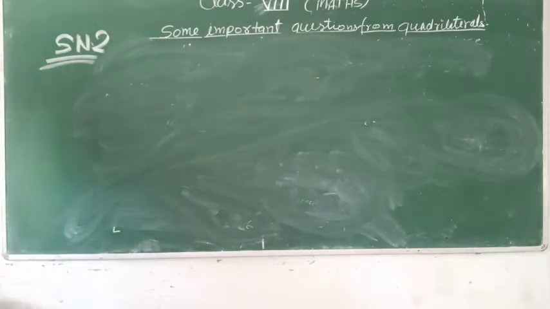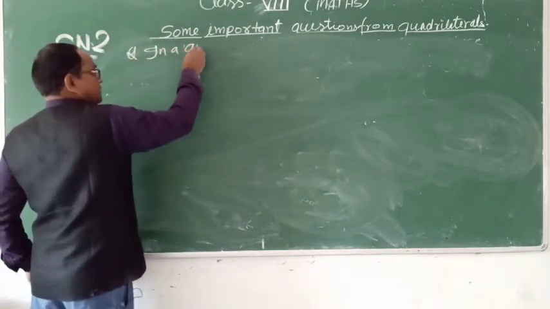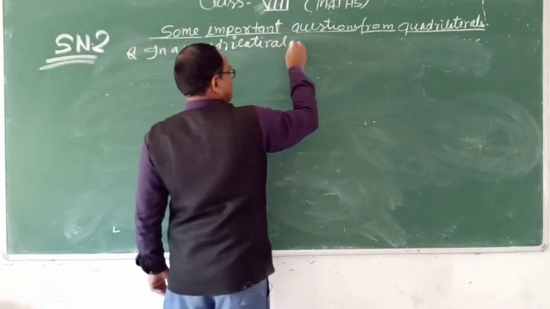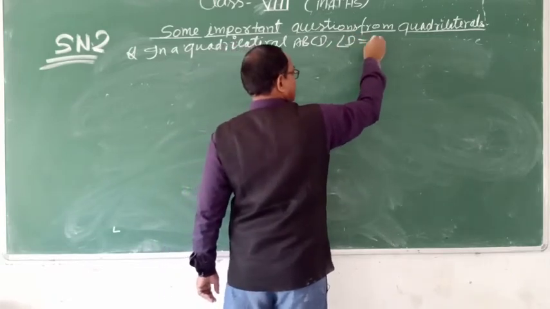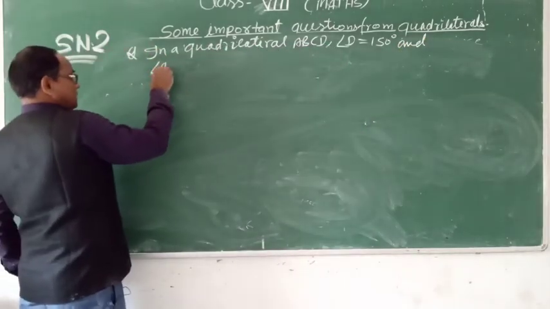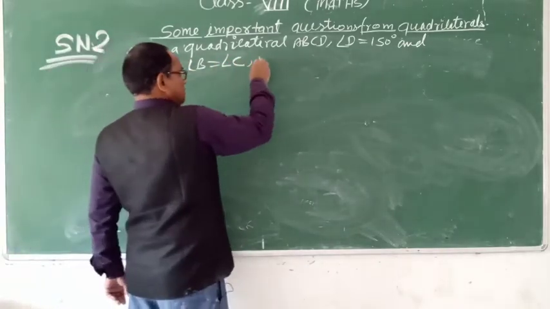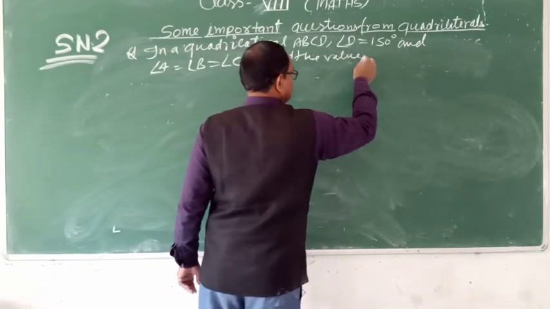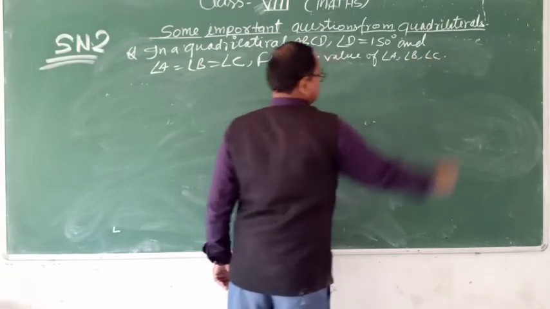The question is, in a quadrilateral ABCD, angle D is equal to 150 degrees and angle A is equal to angle B is equal to angle C. Find the values of angle A, angle B, angle C. Okay?